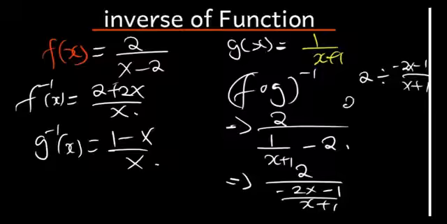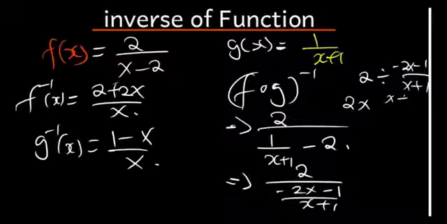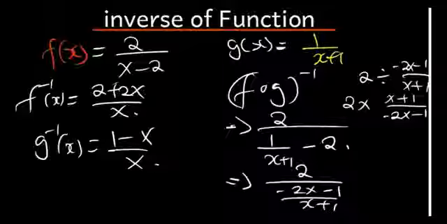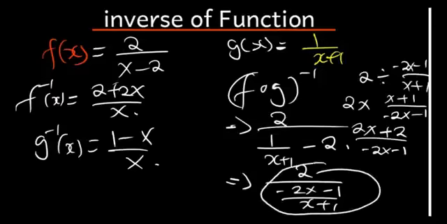Now this is the same as 2 times the reciprocal, which is x plus 1, everything divided by negative 2x minus 1. So 2 times x and 2 times 1 gives 2x plus 2, everything divided by negative 2x minus 1. Okay, so I'll continue from here.